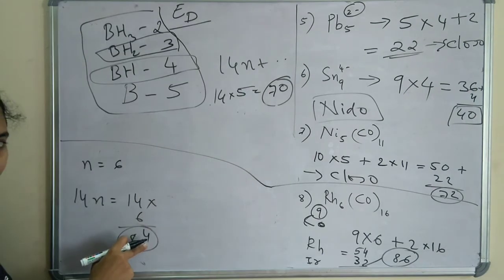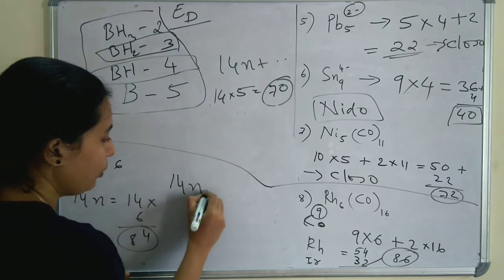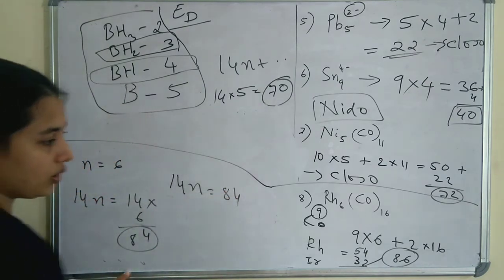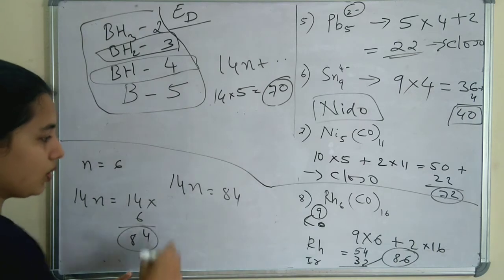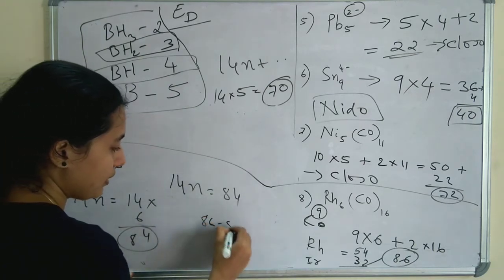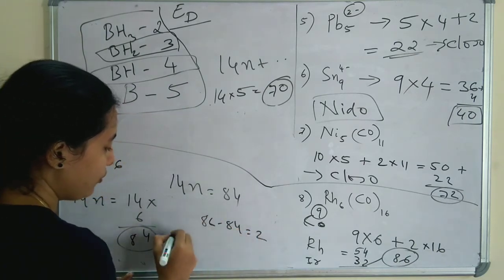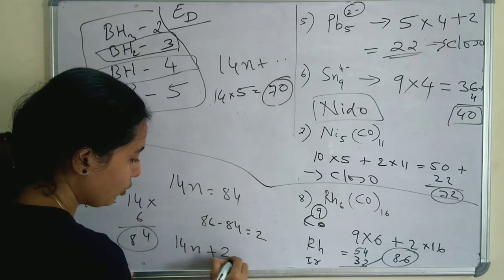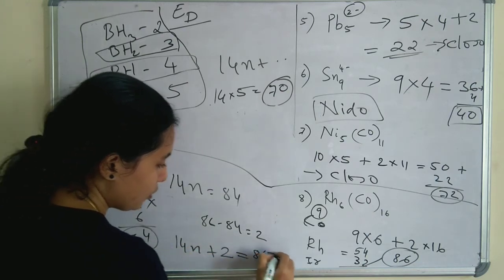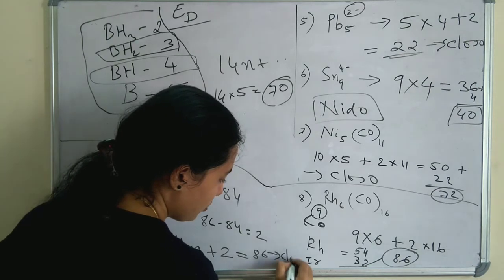So 14n is equal to 84. The total number of electrons is 86, so 86 minus 84 is 2. So 14n plus 2 gives 86, and plus 2 means closo.